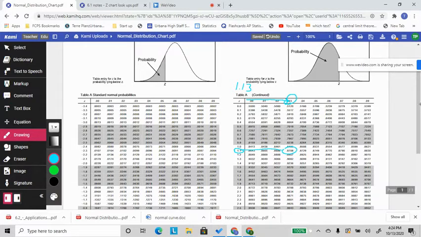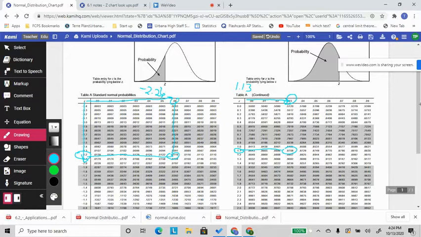We're looking over here on the negative side. This would be negative 2.2, and if we slide over, that would be 6. So that z-score is negative 2.2 down to the tenths, and over to the hundredths, 6. What these are is areas underneath this curve.